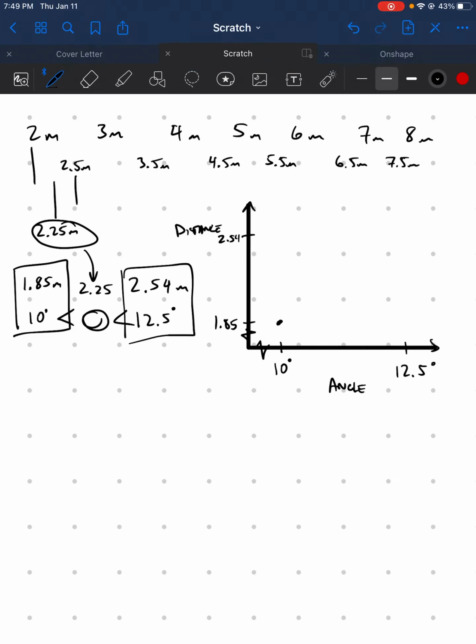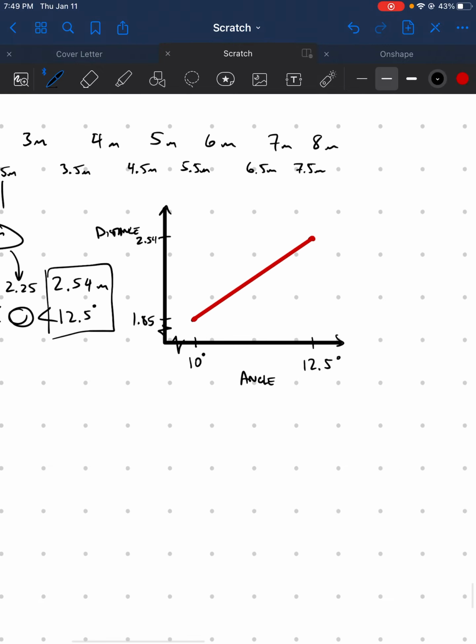So you can look at these points and draw a line between them, and we're gonna assume that that's what's happening. In real life, like I said, this is a sine.